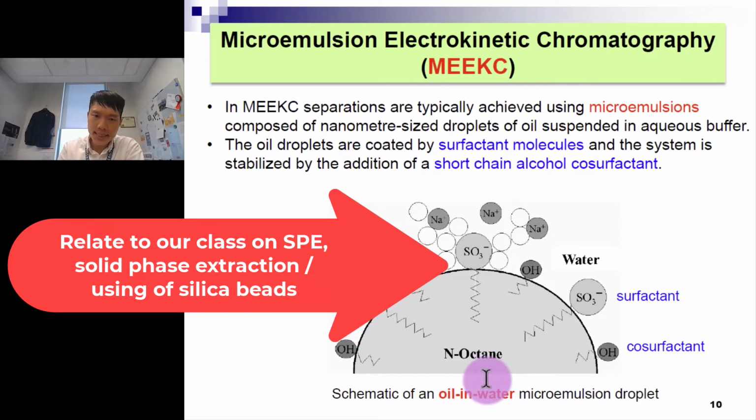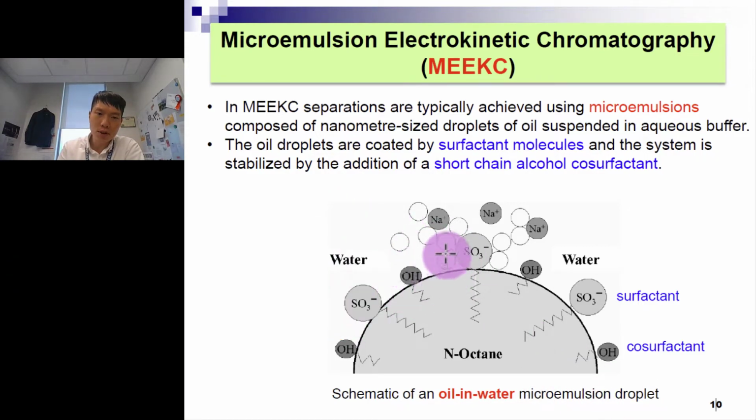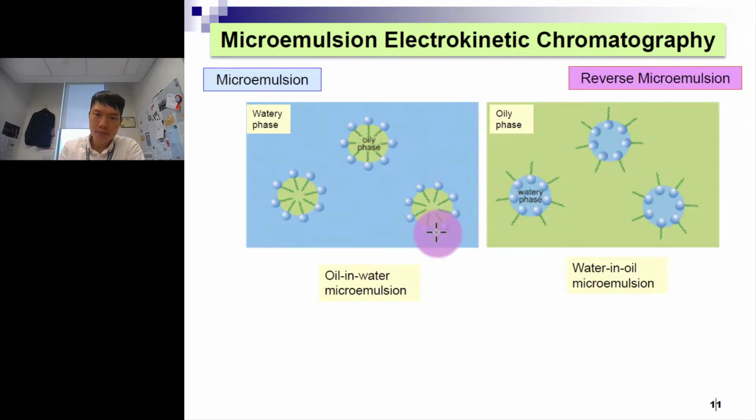Here you can see a schematic diagram of an oil-in-water microemulsion droplet. These are the charged particles that get attracted. Now the difference in a water-in-oil microemulsion is that the tails face outwards.